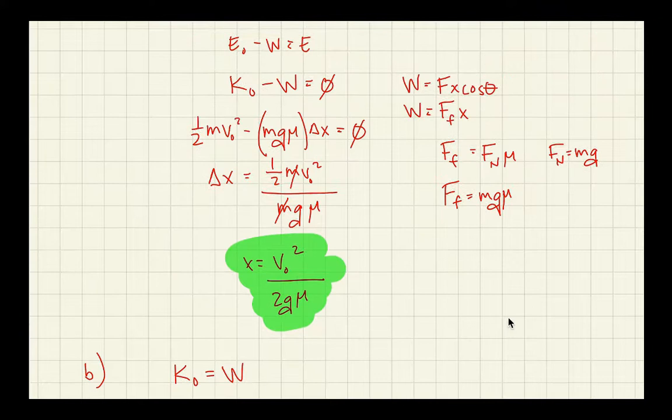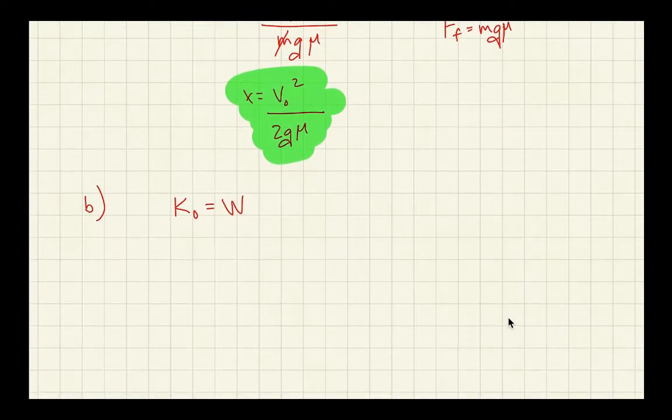Simplifying this formula, K naught minus W equals 0, or K naught equals W. And that's 1/2 m v squared equals force times delta x. Now in this case, force is constant. Delta x is equal to m v squared over 2F.